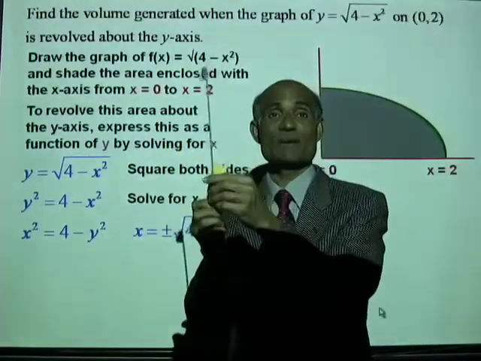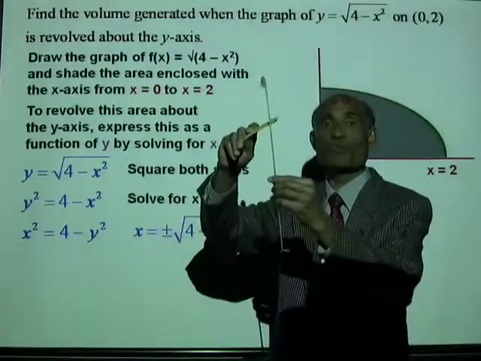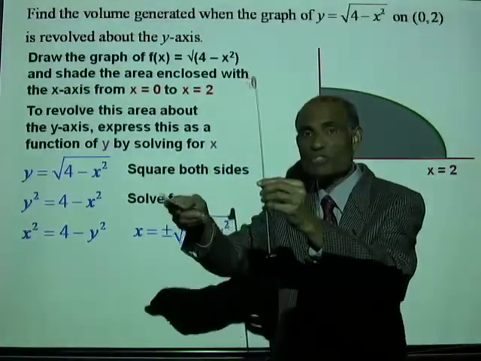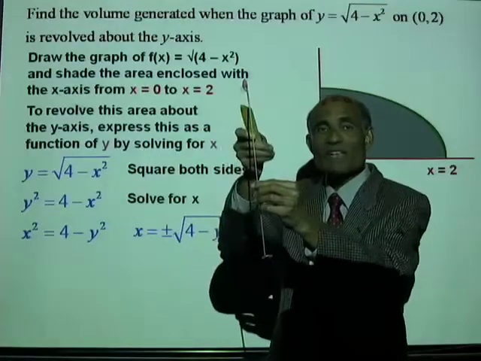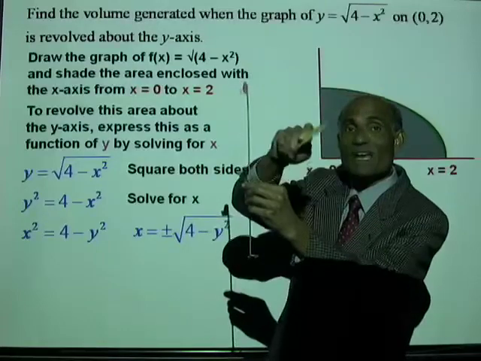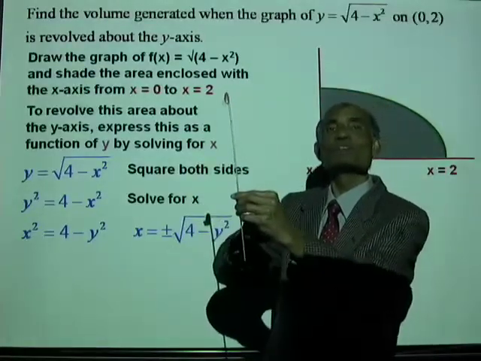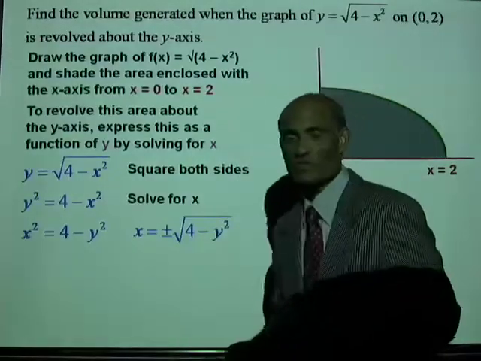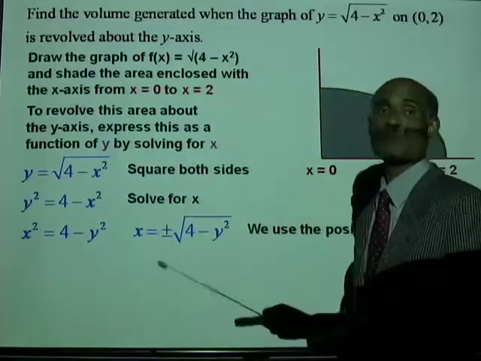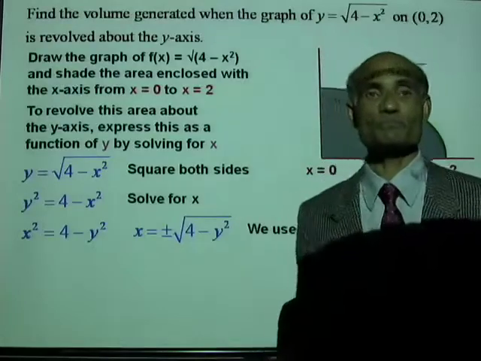In the same way, x equal to positive square root 4 minus y squared gives you the positive part, the right side of the circle. And negative square root 4 minus y squared gives you the negative part, and the two together will give you the complete circle. So here we actually need only the positive part because it's on the right side. So we only use the positive part of this.